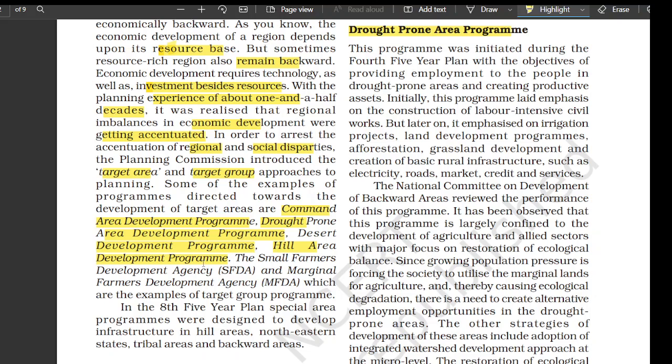The Small Farmers Development Agency (SFDA) and Marginal Farmers Development Agency (MFDA) are examples of target group programs. In the 8th 5-year plan, special area programs were designed to develop infrastructure in hill areas, northeastern states, tribal areas, and backward areas.